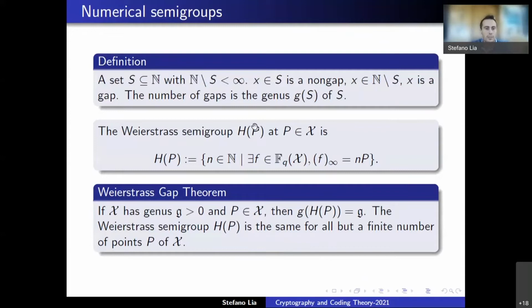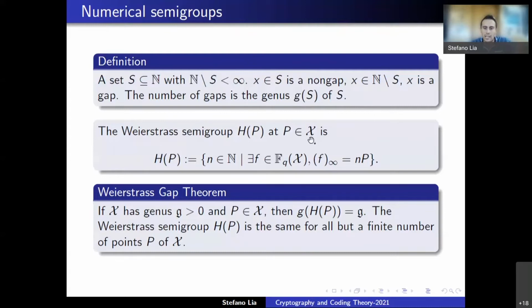So I just recall the definition: a numerical semigroup S is a subset of the non-negative integers with finite complement which is closed under addition. Its elements are called the non-gaps, and the elements which are not non-gaps are called the gaps. And finally, the genus is the number of gaps of the semigroup, namely the cardinality of the complement of S over the natural numbers.